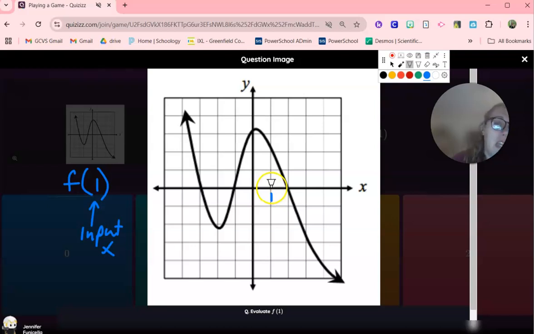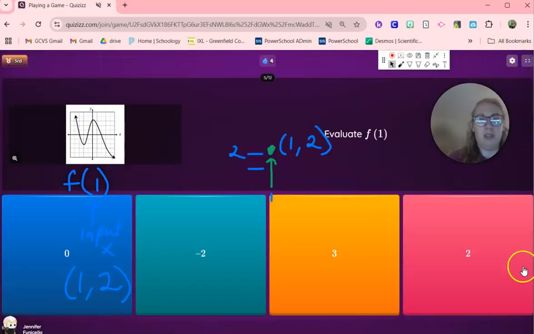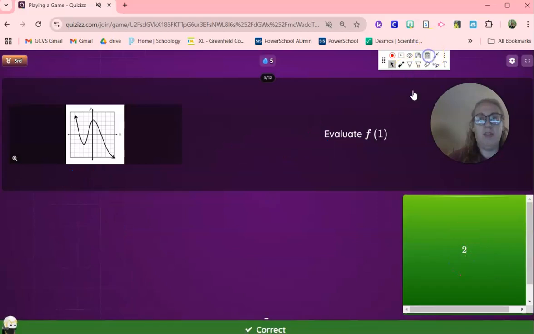And then we say, okay, well, what's the value of the graph when x is 1? And that's at this point, which is at when x is 1, y is 2. There's the point on the graph. When x is 1, y is 2. So our output is 2. Beautiful.